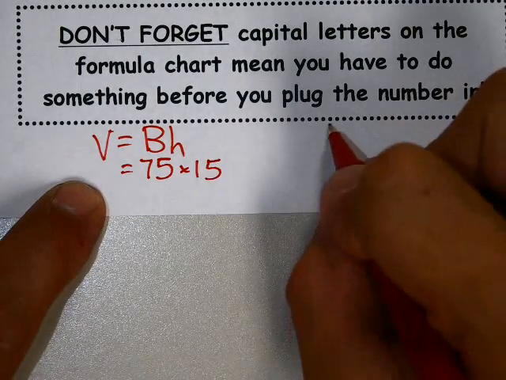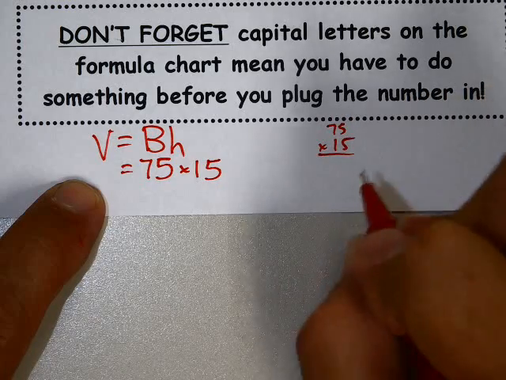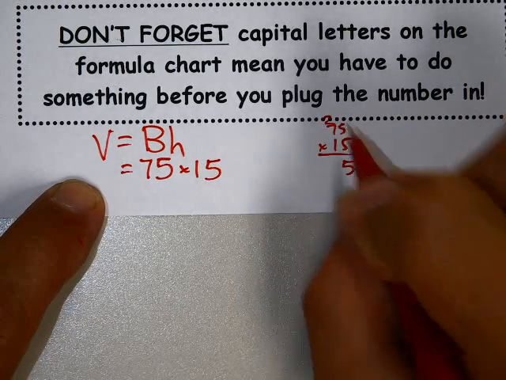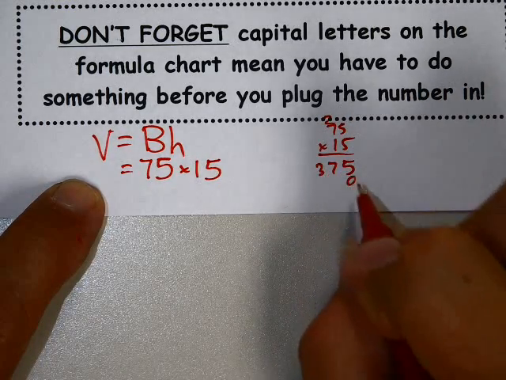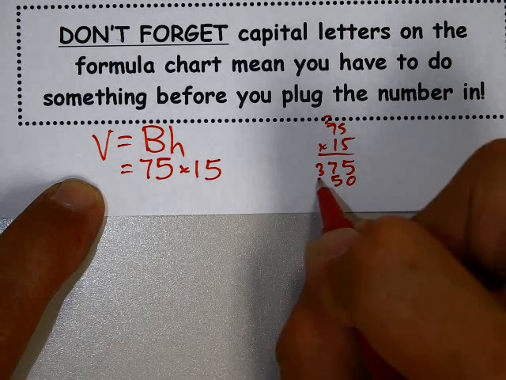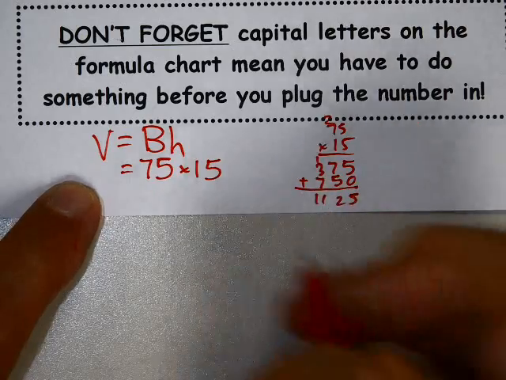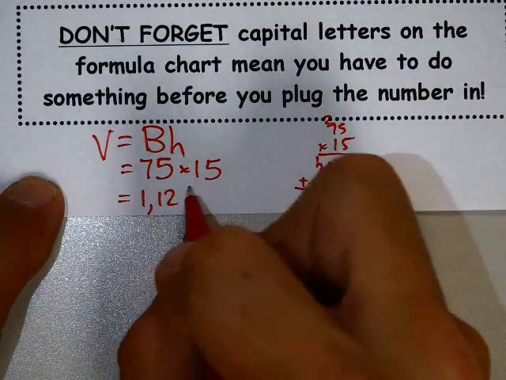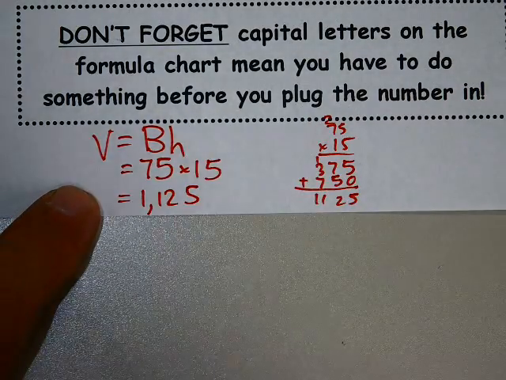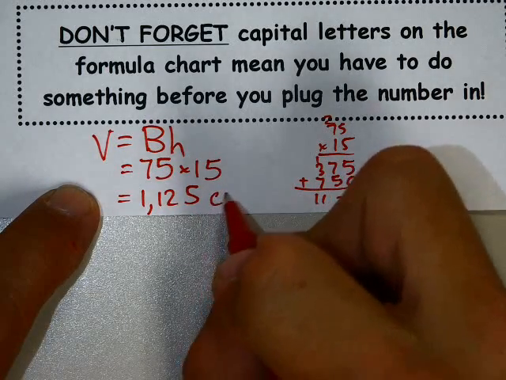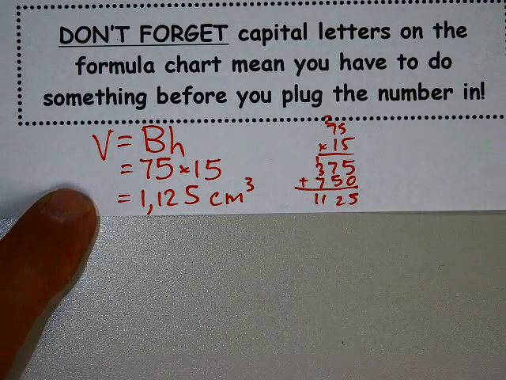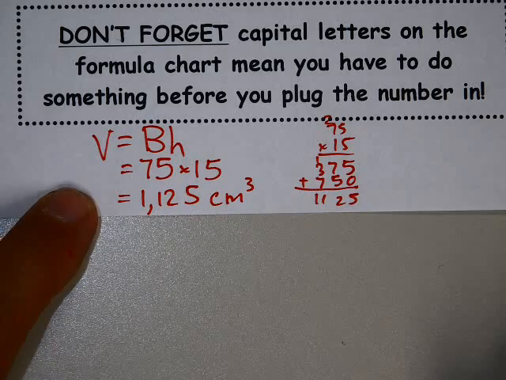Now I'm going to show you, you should do this, so I'm going to do it. I'm not going to take any shortcuts. I'm doing 75 times 15. You get 1,125 and that's in cubic centimeters. So that's the answer for that one.